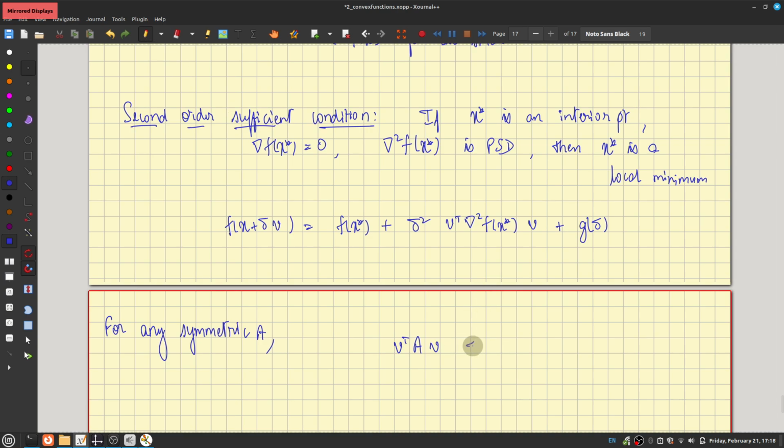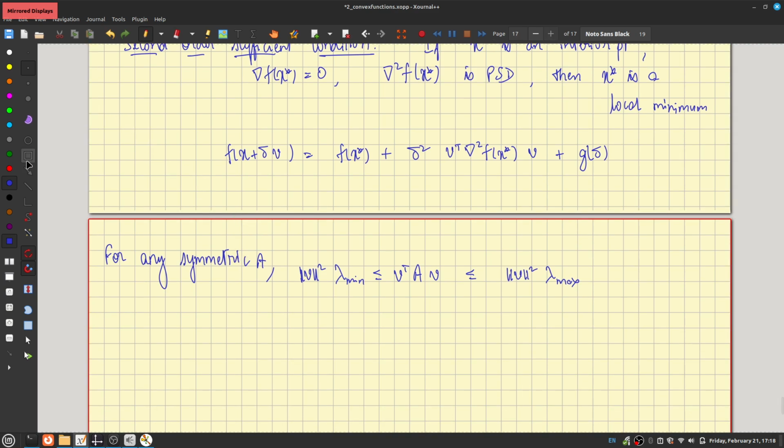The claim is that this is less than or equal to norm v square times the largest eigenvalue, and greater than or equal to norm v square times the minimum eigenvalue. Again, it's not very hard to do this.